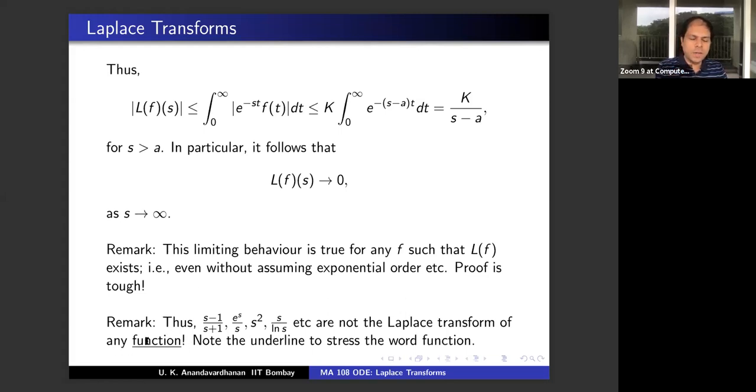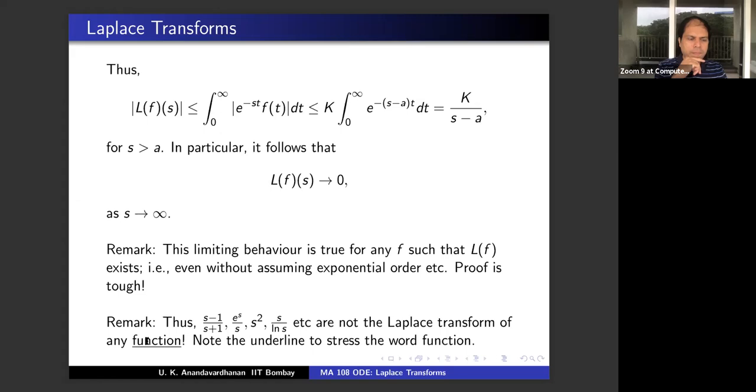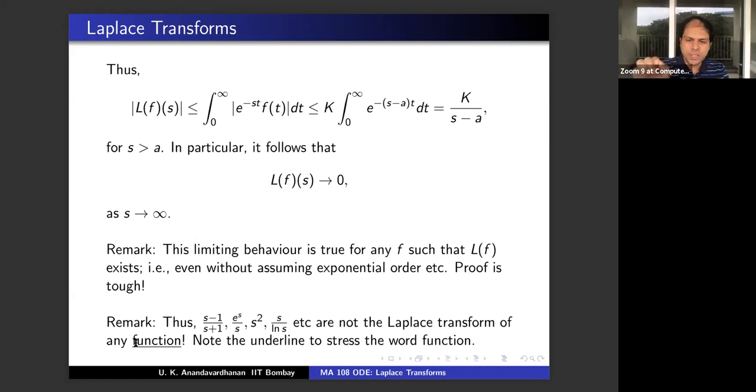This is true only... Yeah, go ahead. When should we assume that the limit is true compulsorily? What I'm saying is, if you are dealing with usual, ordinary functions of mathematics, if Laplace transform exists, the limit as s goes to infinity of the Laplace transform has to be 0. That is true.